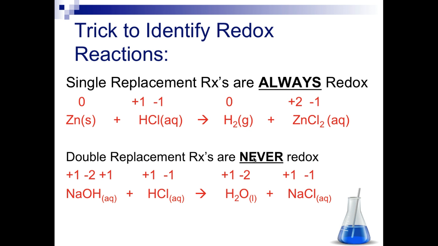So something to think about if I ask you whether or not this reaction is a redox reaction or not. You always are going to look for single replacement reactions, which are always going to be oxidation reduction, and then you have double displacement reactions which never undergo oxidation and reduction.